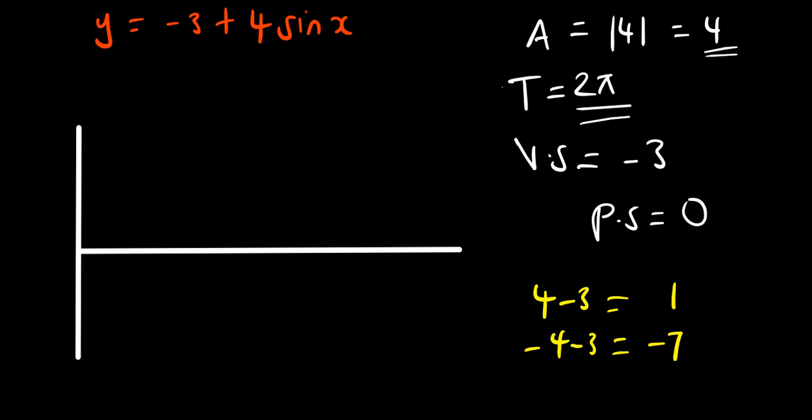So now we put our period. We said it's ending at 2 pi, so this is 360. The amplitude, we've said we've got 1. Just for measurement's sake, let me put my 1 there, and let me put my -7 there. Now we can demarcate this one.